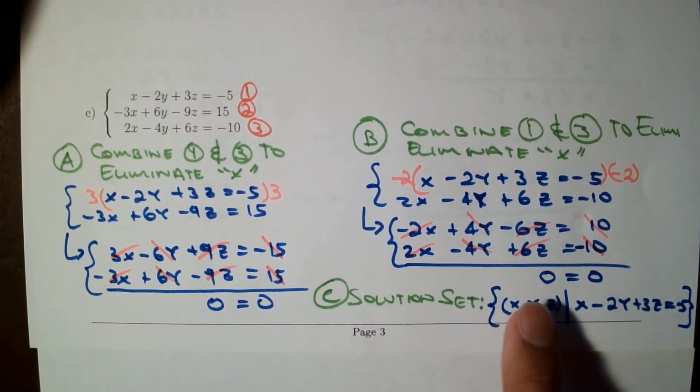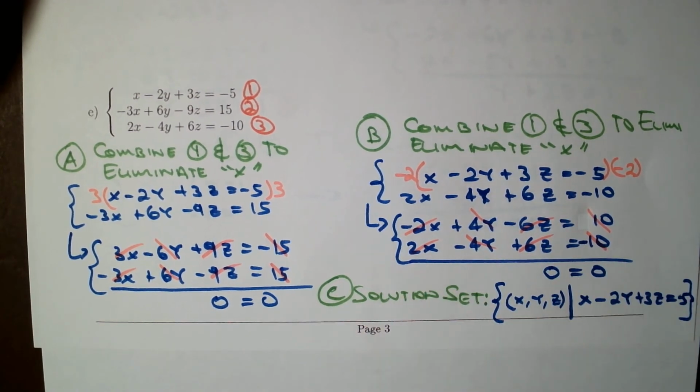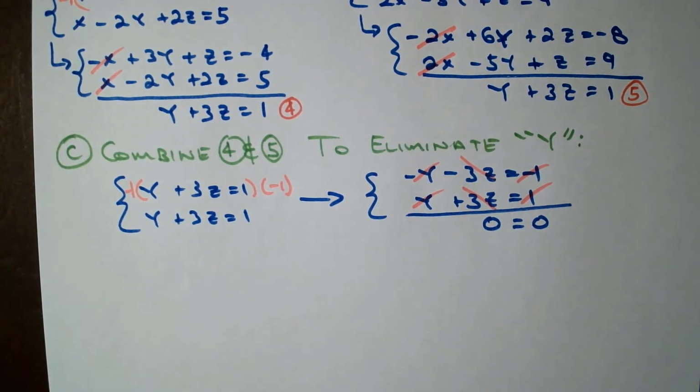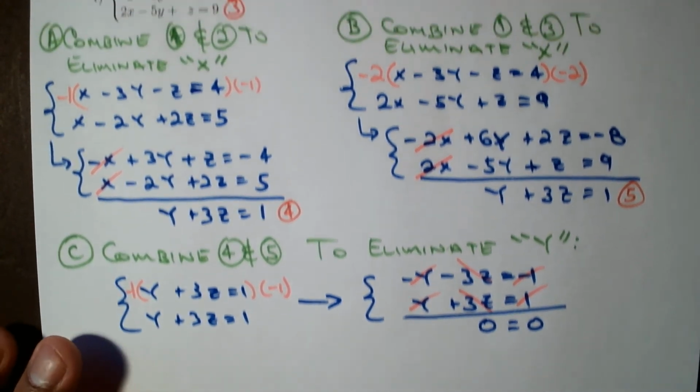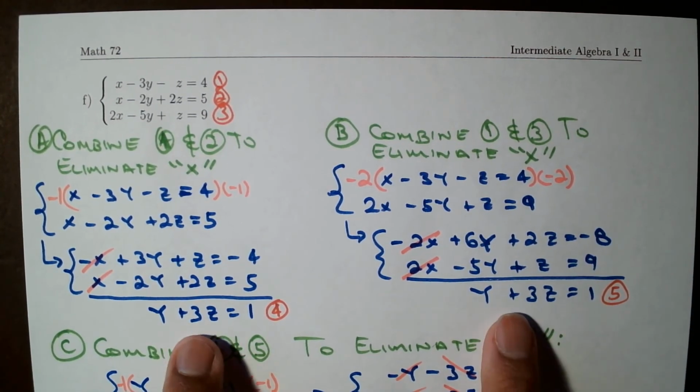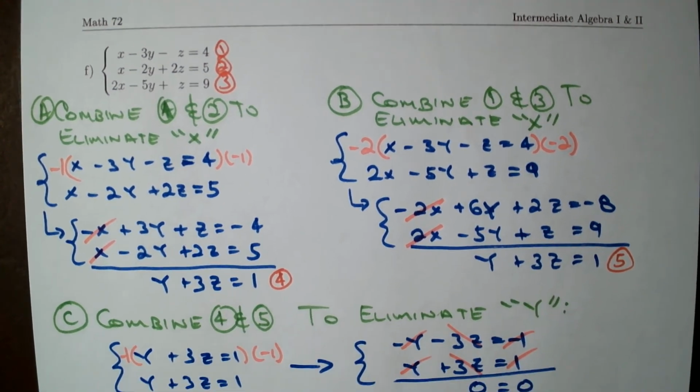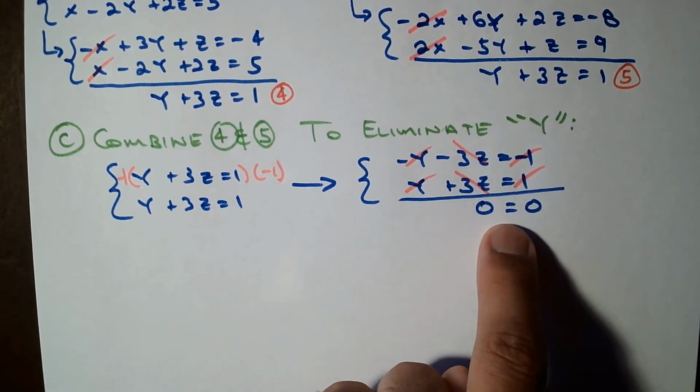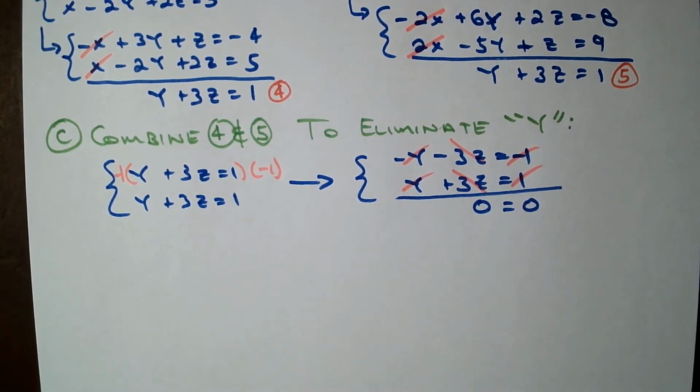We just got it right away. So for letter F, we needed to get the reduced system before we noticed that we got 0 equal to 0, and therefore infinitely many solutions.